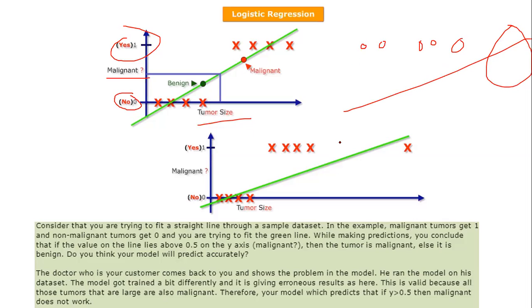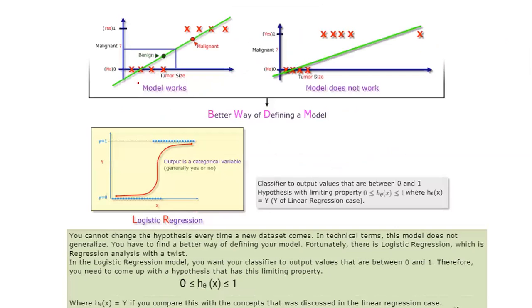For such a situation, I need a more continuous curve like logistic regression. If this is the data distribution, this model works. But if this is my distribution, with some values over here and some extreme values over here, then my linear regression will always try to fit this particular data, because by design linear regression will try to minimize the error.